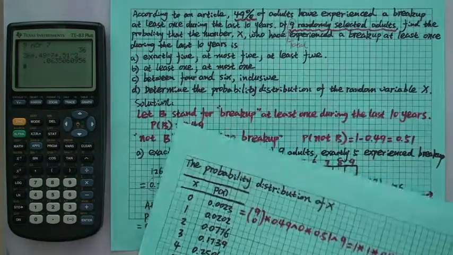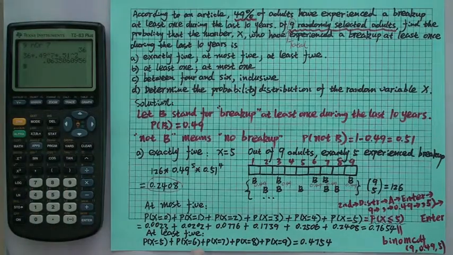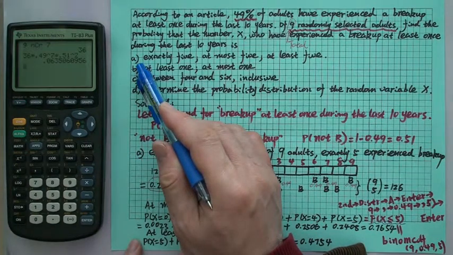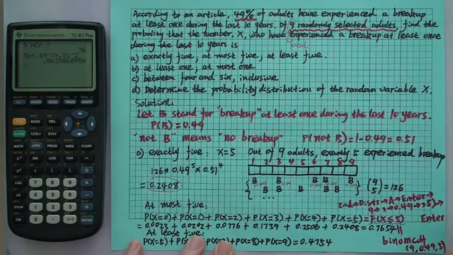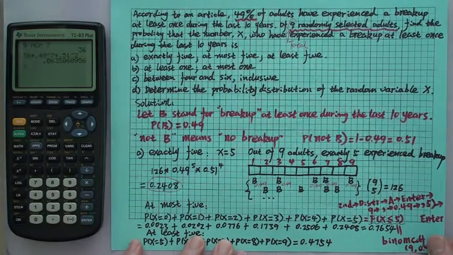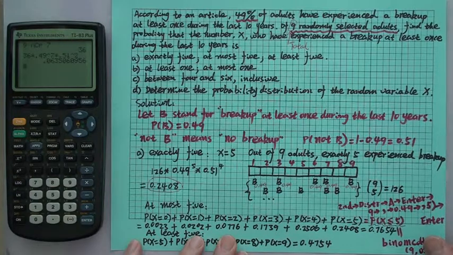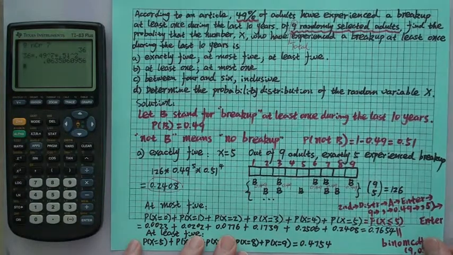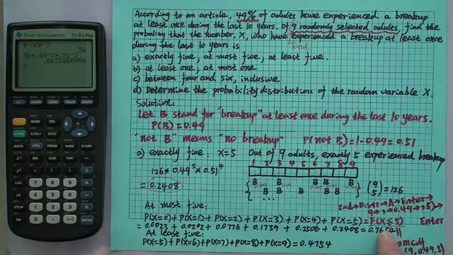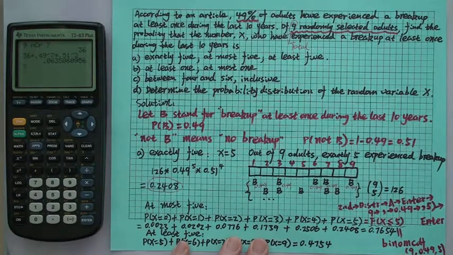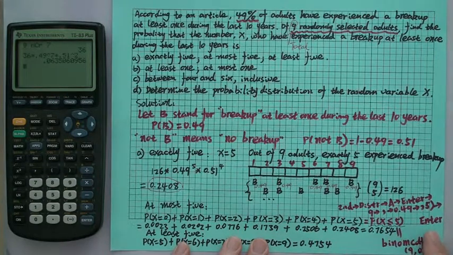Now we are done with A. There is an easy way to do that using the TI-83 calculator. I will split this lecture and explain it to you in the following clip.